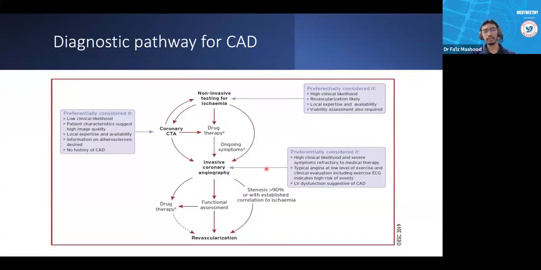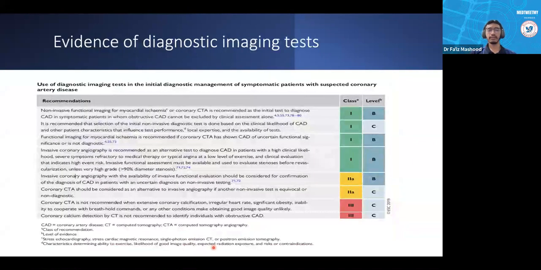And if the stenosis is very significant, we have not much of a choice but to do a balloon angioplasty and PCI, putting a stent in, whether drug-eluting stent, drug-eluting balloon or whatnot, and revascularize the culprit vessels. So this is the evidence of diagnostic imaging tests based on ESC.